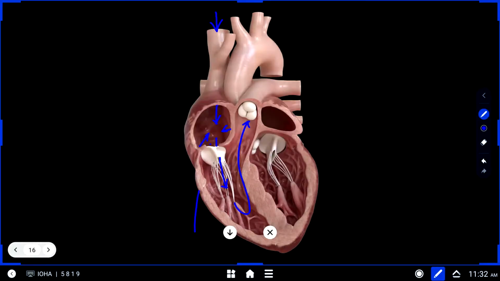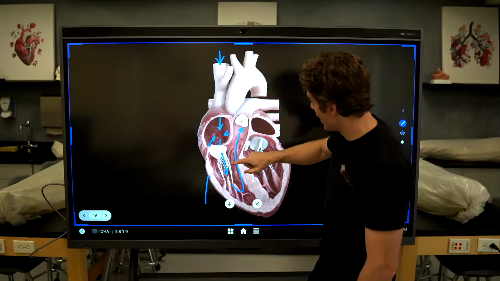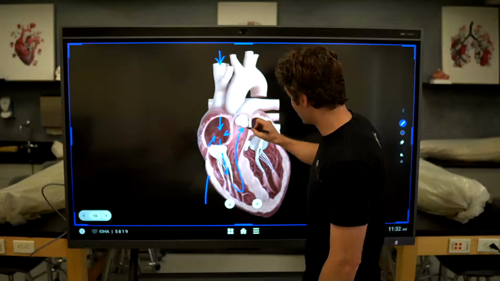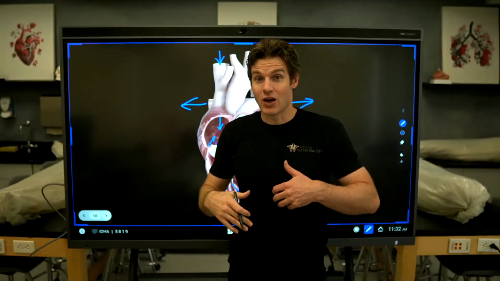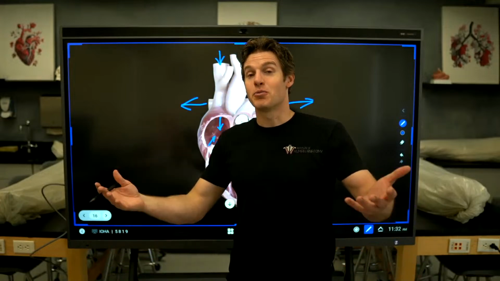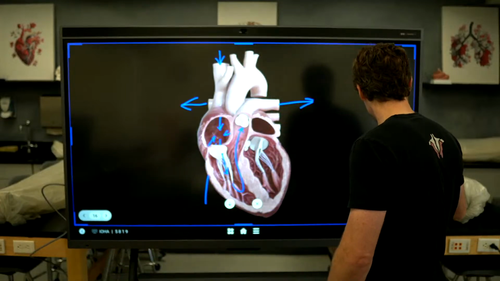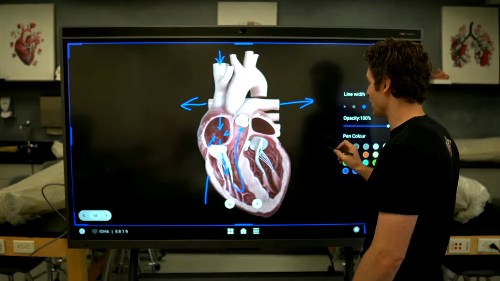We don't want it to go backwards, because when the ventricle contracts, this valve will close, that tricuspid valve, and then right here, this valve will open up, and then we take that deoxygenated blood to the actual lungs. Now we breathe out that carbon dioxide, breathe in some oxygen, and then we go back to the left side of the heart right here.